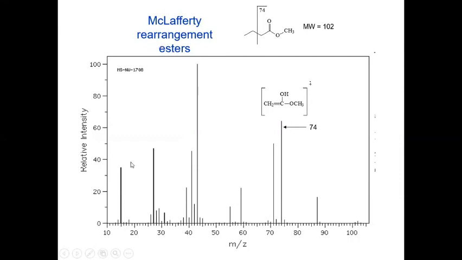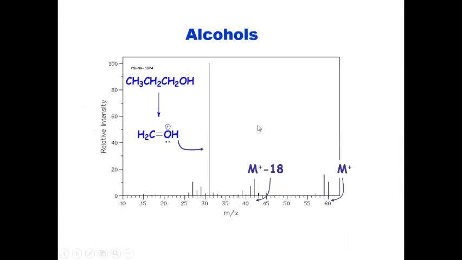We can get the spectrum of this molecule based on the cleavage of a beta bond and extraction of a hydrogen atom from a gamma hydrogen. Then this is another example, a mass spectrum of propanol.